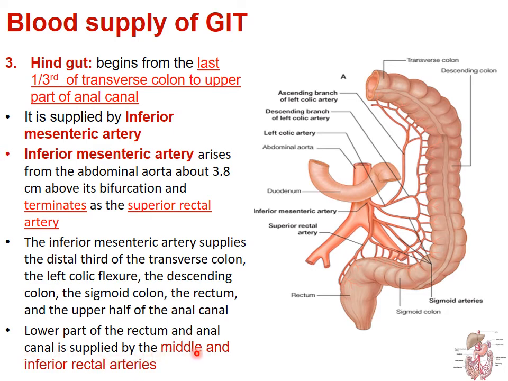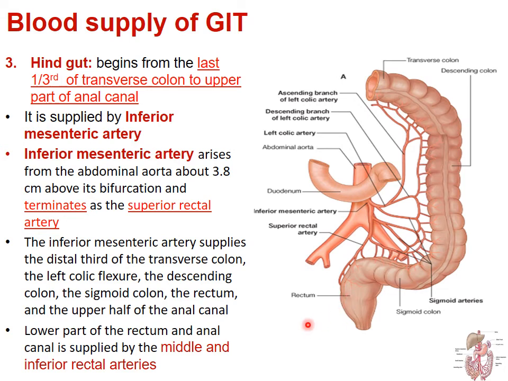is supplied by the middle and inferior rectal arteries. Superior rectal artery, middle rectal artery, and inferior rectal artery. Superior rectal artery is actually the last branch of the inferior mesenteric artery. Middle rectal artery and inferior rectal artery are the systemic branches from the pudendal arteries, right?